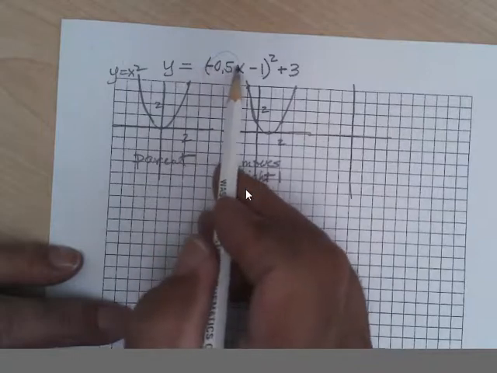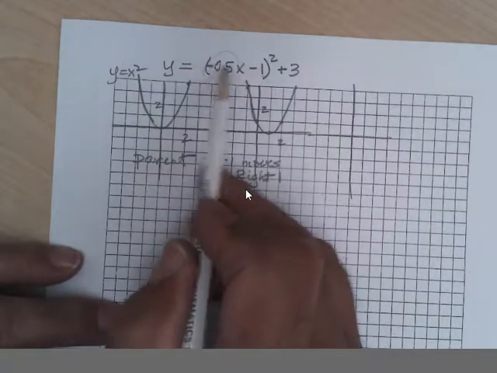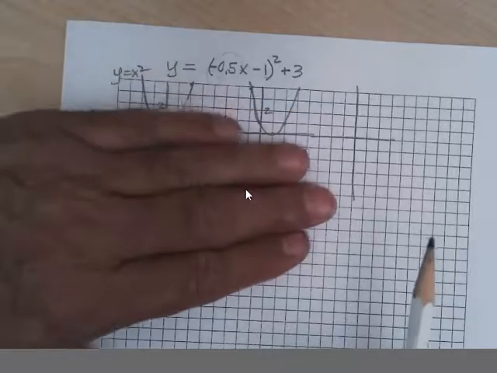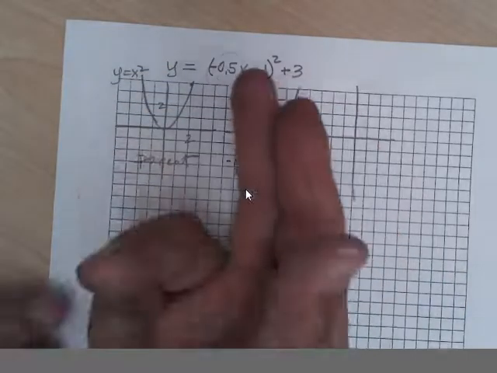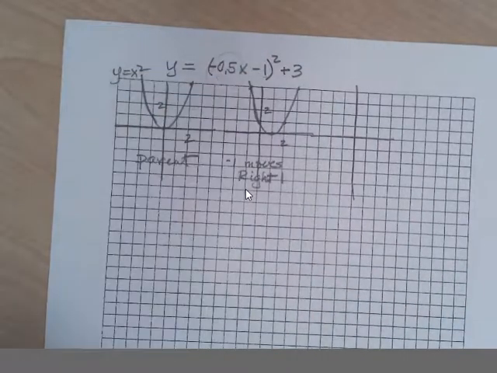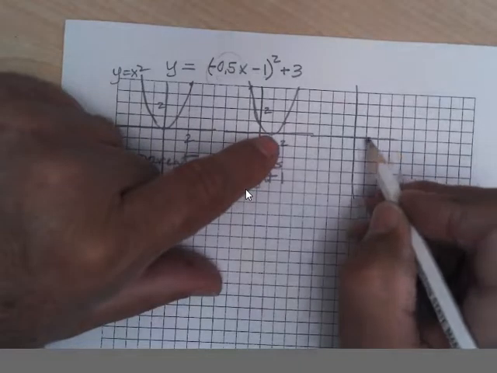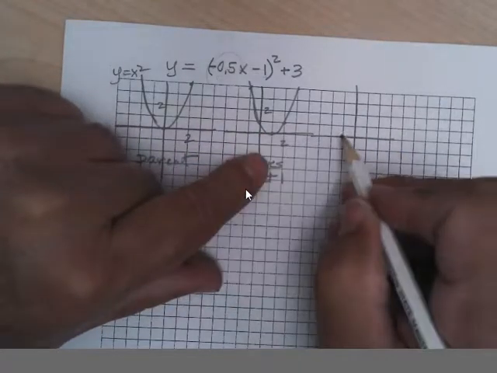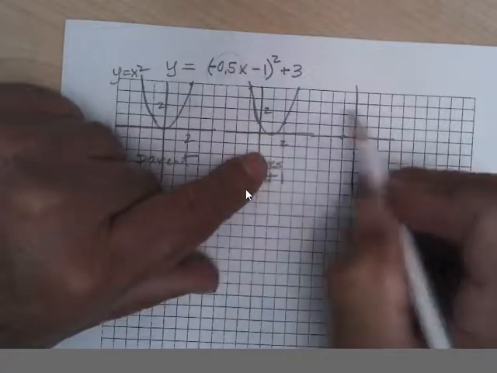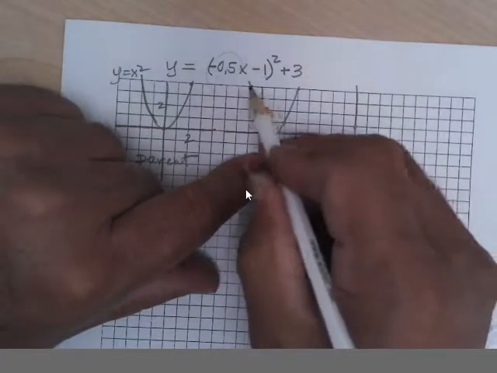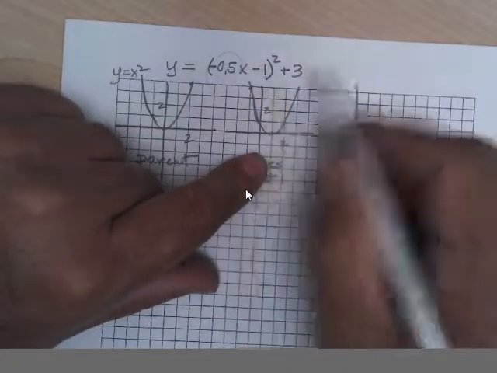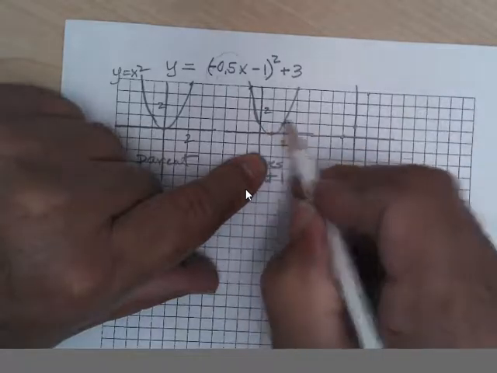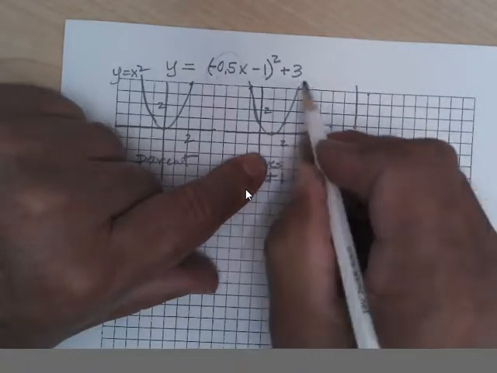So this minus is in the inside, and so it's working horizontally, and so instead of reflecting it over the x-axis, it reflects it over the y-axis. So this point that was here gets taken over to there. This one that was on the axis stays there. This one that was 1 on this side gets moved to the other side. And this one that was 2 over here gets moved to 2 over here.